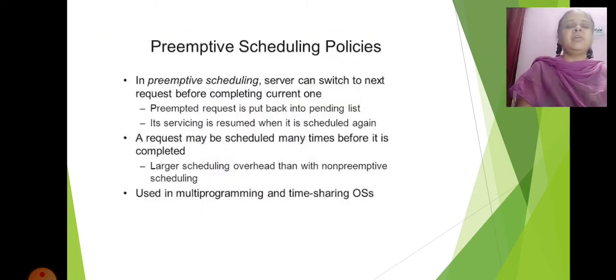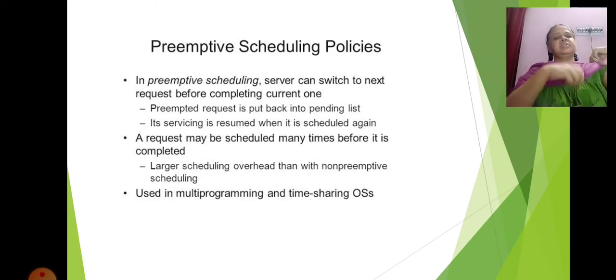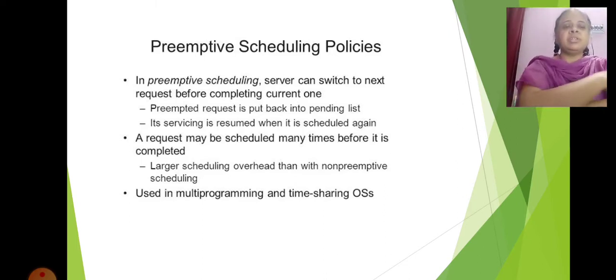Now we will read about preemptive scheduling policies. In preemptive scheduling, the server can switch to the next request before completing the current one. The preempted request is put back into the pending list. Its servicing is resumed when it is scheduled again. A request may be scheduled many times before it is completed.